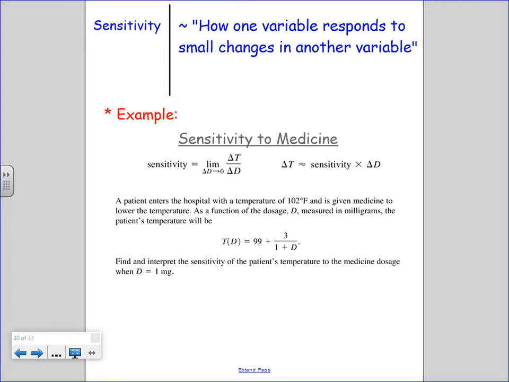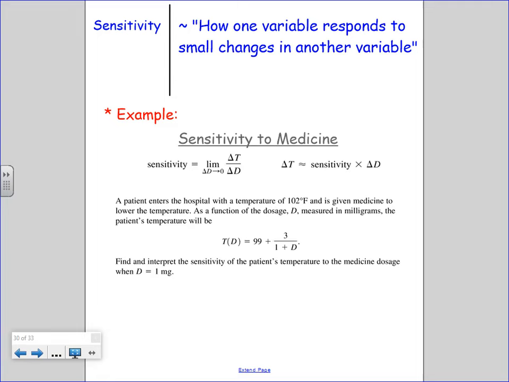And in this particular example, we're talking about a medicine that is supposed to lower a patient's temperature. Depending on the dosage, how much is being given to the patient will affect how much a little change, a little additional dosage or a little bit less, matters, though you can't really take away a dosage once you give it to a patient. So basically it's, if you give them a little more, how is it going to affect them? And why is that important? Well, you don't want to overdose the poor person, number one.